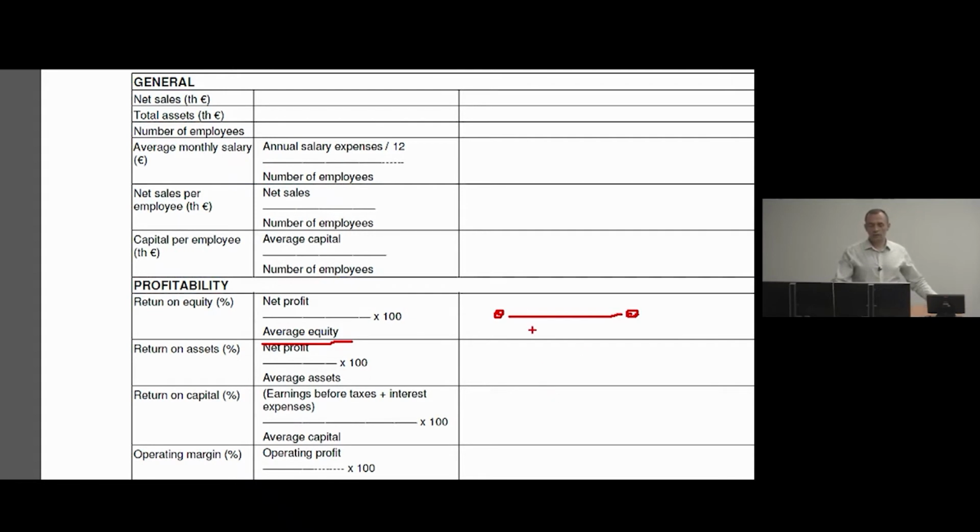So in that case, it makes sense to convert average equity, the balance sheet data, into periodic data as well. It means that we will find the average of these two numbers. For stock-listed companies, you can use the chronologic mean, what we studied in the previous video. But as Statistics Estonia is using the annual average, we use end of year and beginning of year data to calculate average equity.